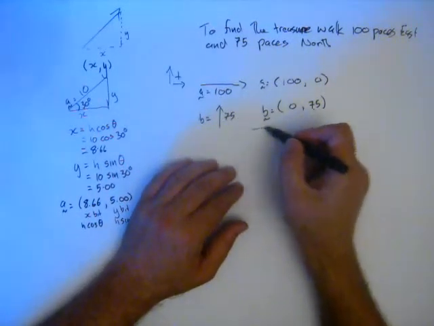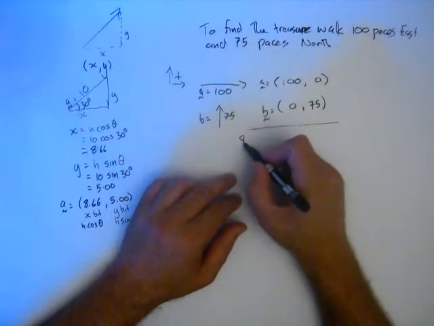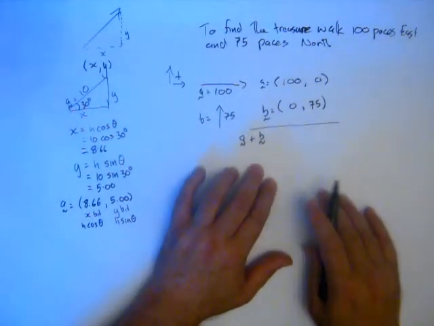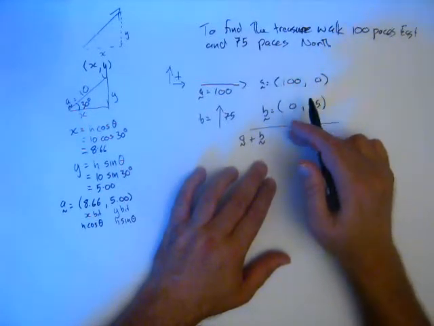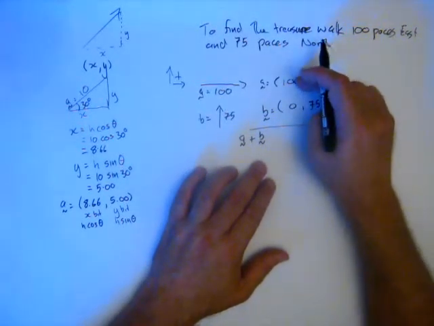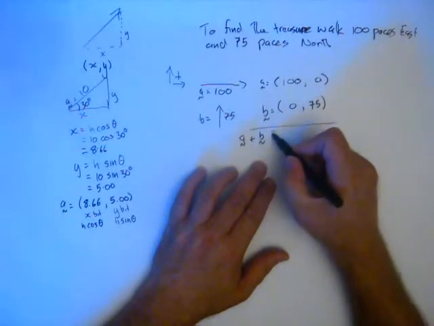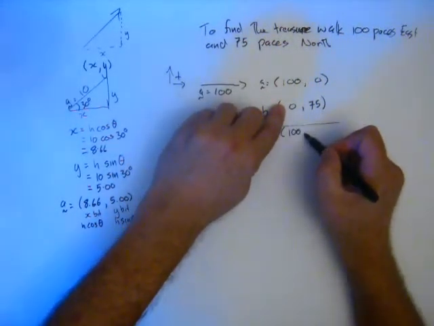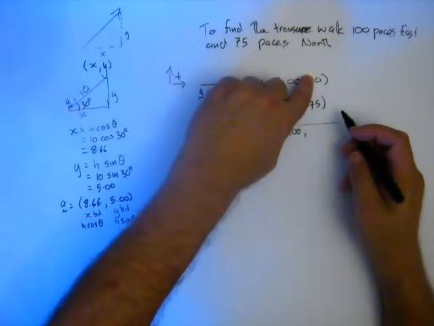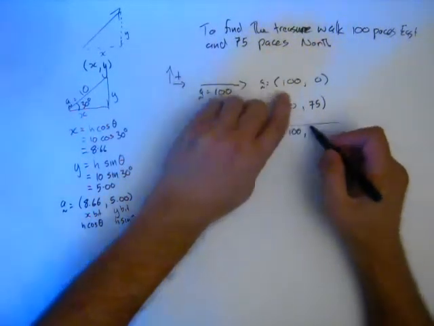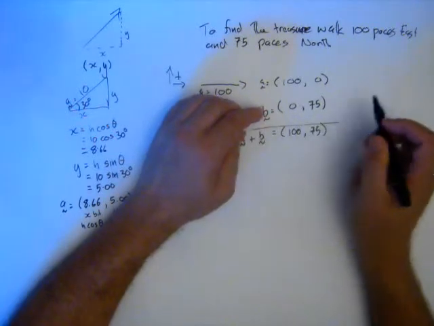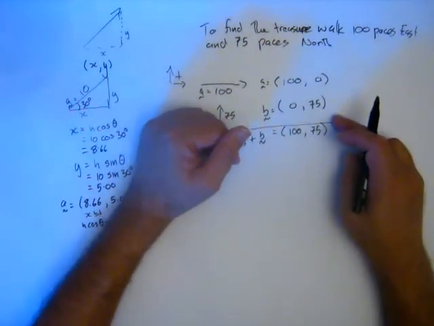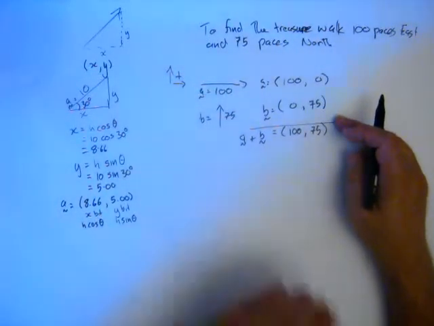So A plus B, and this is where the trick is: to add them together, all you do is add the components together. So we add 100 plus 0 equals 100, and then we add the y's together, 0 plus 75. And if we had any z components, we can do that as well.